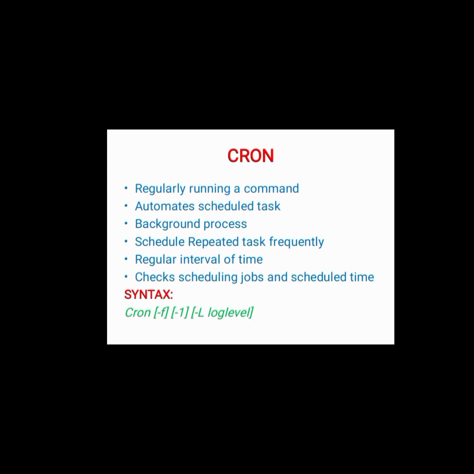The cron command checks for scheduled jobs, and when the scheduled time fields match the current time, the scheduled commands are executed. The syntax is cron -f -l -L log level.